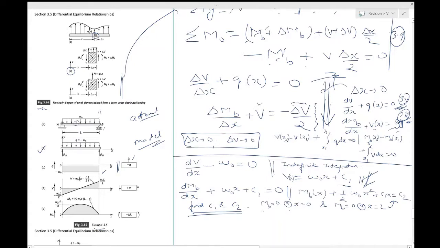Okay, use these two conditions in this equation and you will be able to get C1 and C2. And once you have C1 and C2, essentially you have your shear force and bending moment diagram.